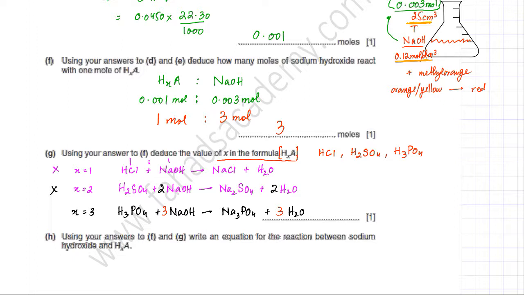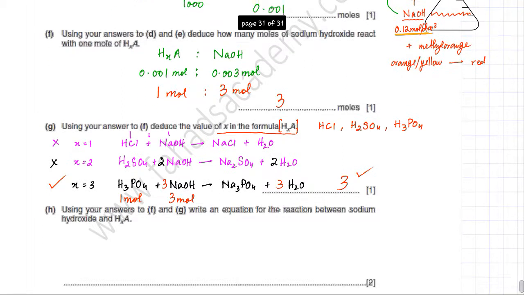Now the ratio is exactly that 1 mole of phosphoric acid reacts with 3 moles of NaOH, and that is exactly what we wanted, because in our titration, 1 mole of the acid was reacting with 3 moles of NaOH. So if I take X equal to 3, I get a balanced reaction, so X equal to 3 would be the correct answer. I used a trial and error method to find the value of X.